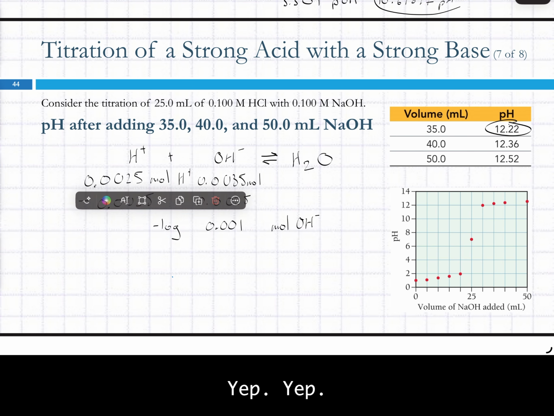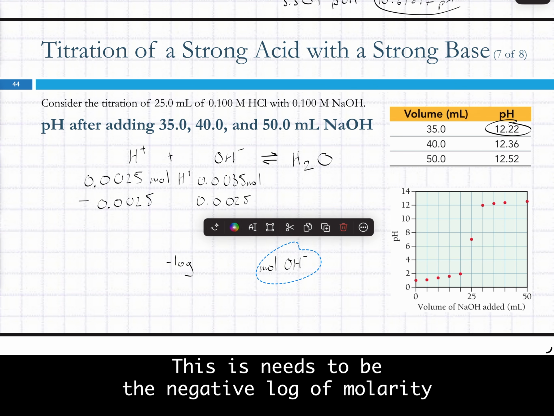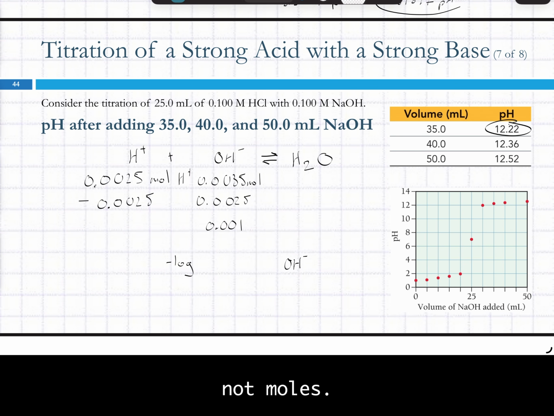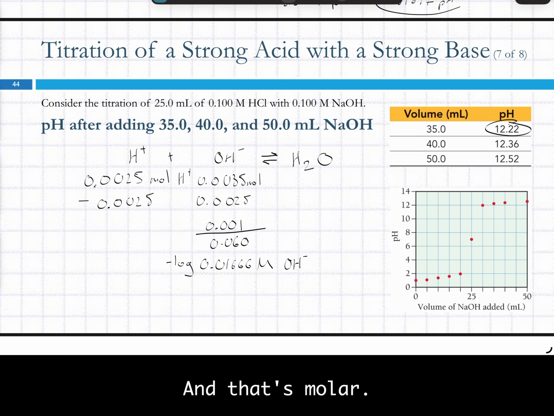Can't do this. This needs to be the negative log of molarity, not moles. So 25 plus 35 is 60. So this is now the negative log of 0.01666 repeating, and that's molar.